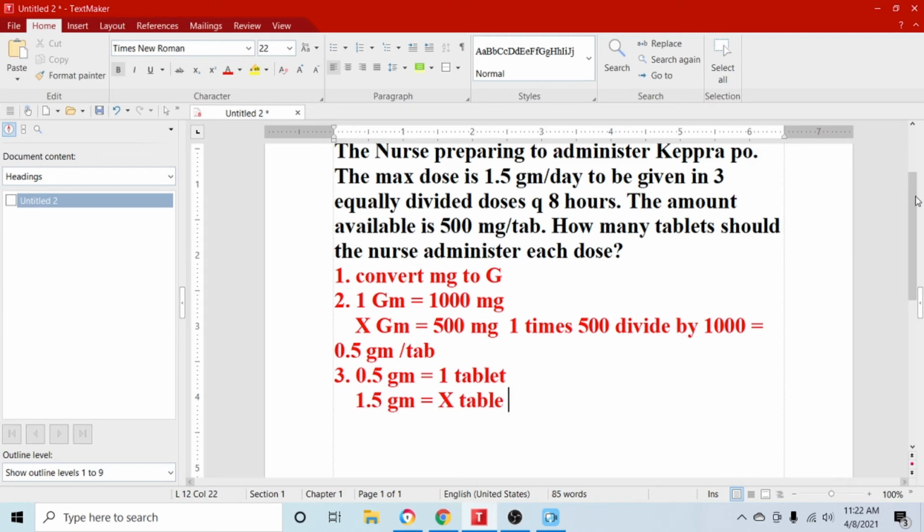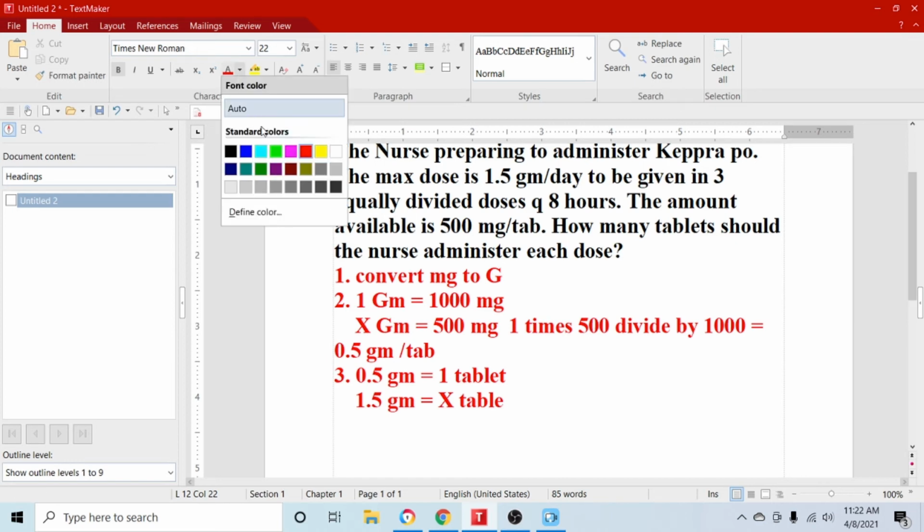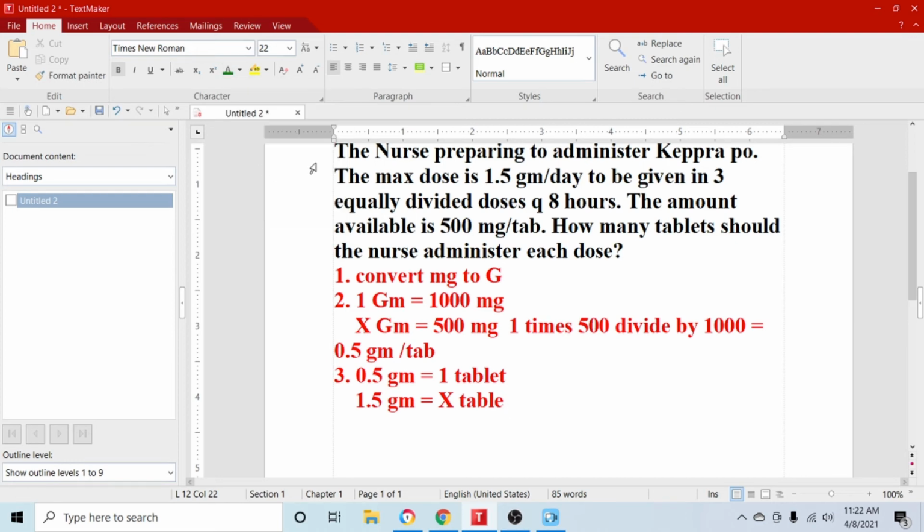Right? Again, let me write this in green so you can see it. Cross multiply, and divide by the x.